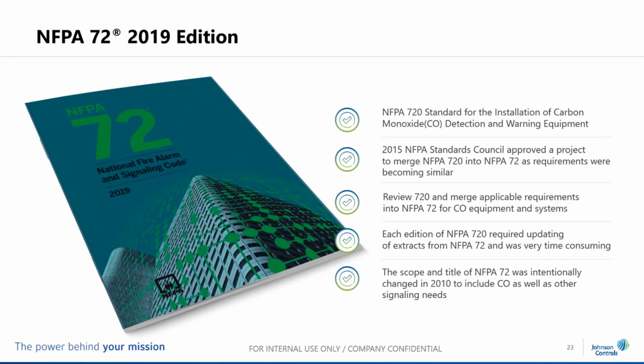And the scope of 72 was changed intentionally back in 2010, and also the title, to help 72 take on more of what it was doing, where we were bringing in mass notification systems, bidirectional repeater antenna systems for firefighter radio, first responder radio systems, using elevators to evacuate occupants from the elevator code and how that needed to be incorporated into 72. So with all of that being added in, the scope was modified as well as the title to National Fire Alarm and Signaling Code.